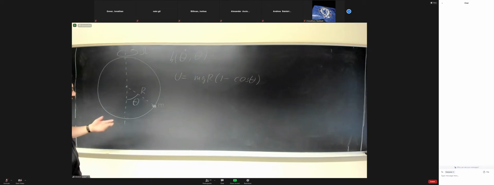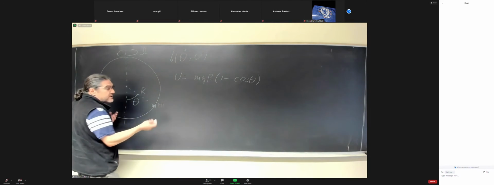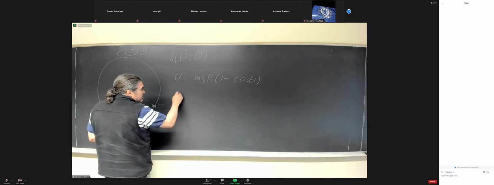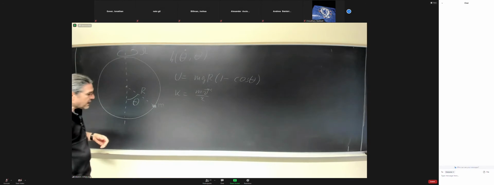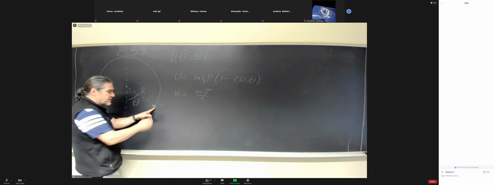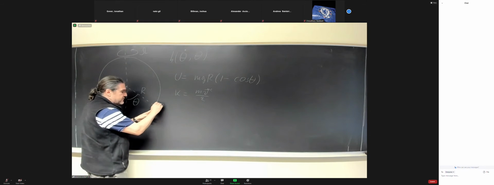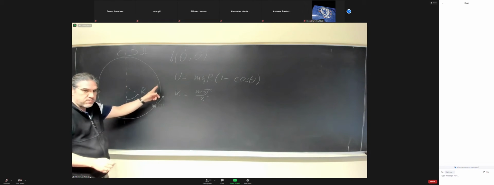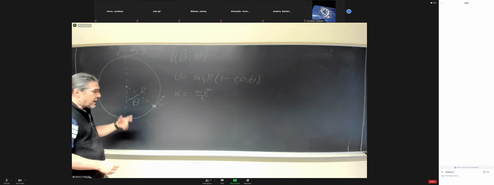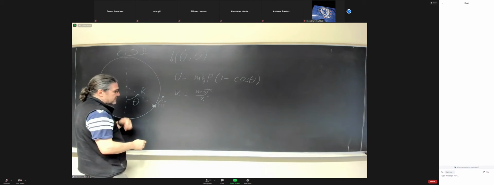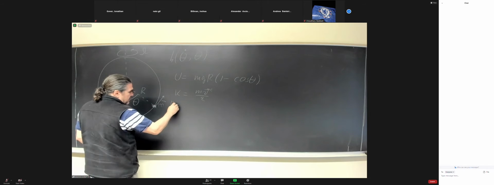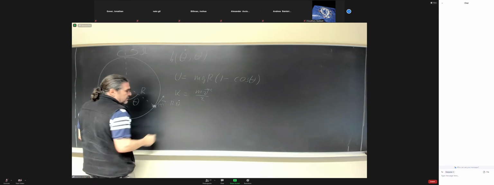But now I need to write the kinetic energy of it. The kinetic energy is mv squared over 2. V is the vector, right? So the velocity of that mass, of that bead, has two components. One is along the hoop, and that component, let's call it v theta, equals r theta dot.